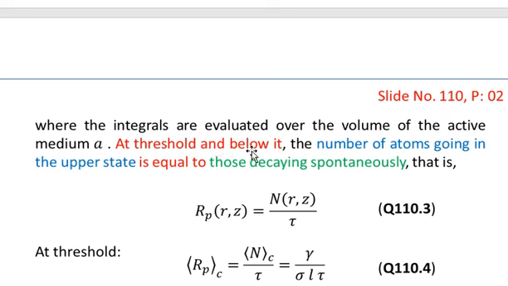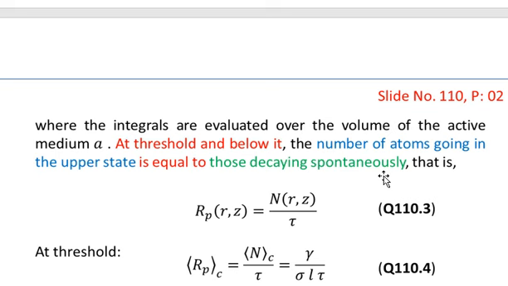At threshold and below it, the number of atoms going into the upper state is equal to those decaying spontaneously. So at the threshold value or any value below the threshold, whether we are talking about threshold pumping or threshold population, or the population below the threshold, under that condition the number of atoms going to the upper state is equal to those decaying spontaneously, that is the spontaneous emission.